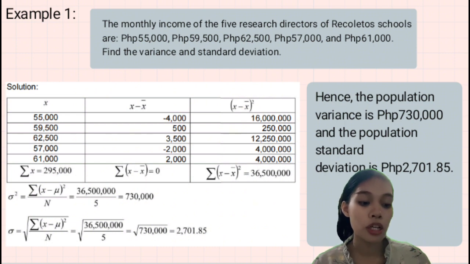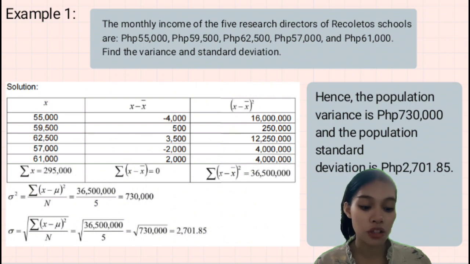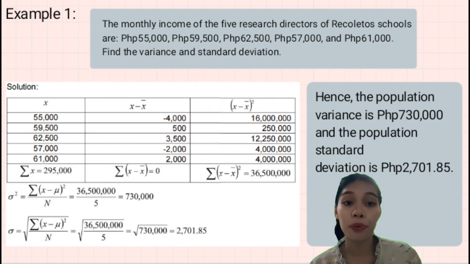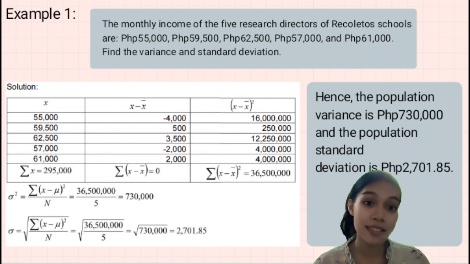That is equal to 36,500,000, and we have to divide it by the number of our values, which is 5. So 36,500,000 divided by 5 is 730,000. That would be our population variance. It's as easy as that.